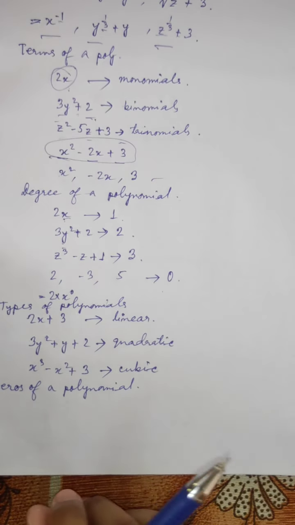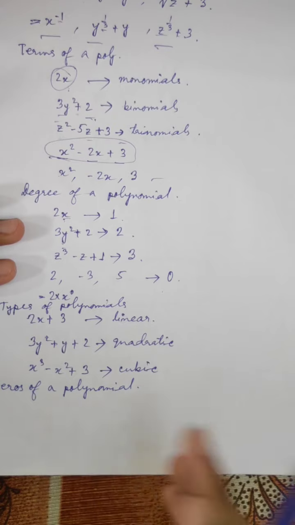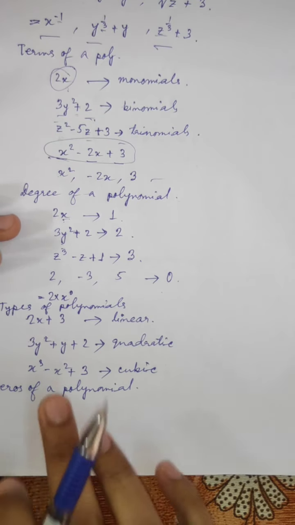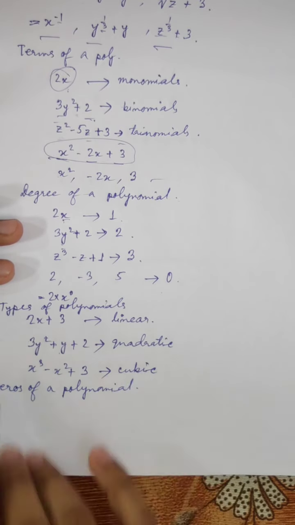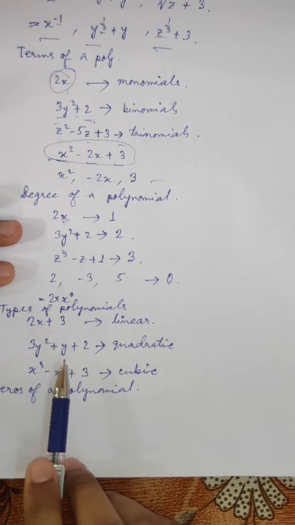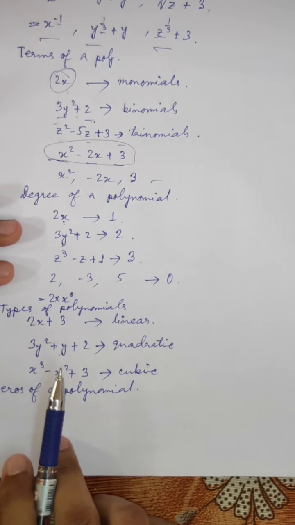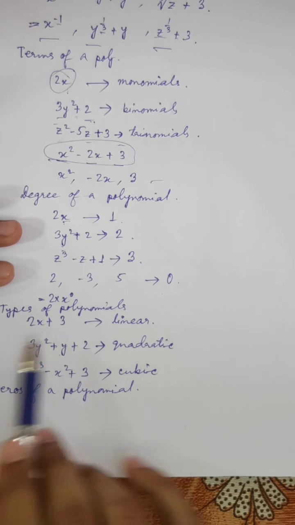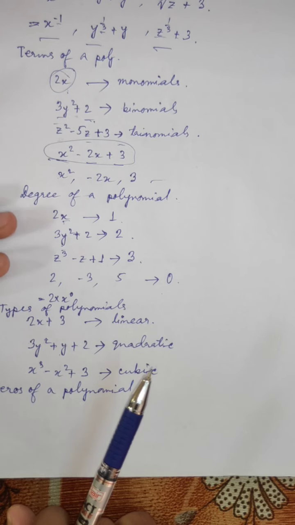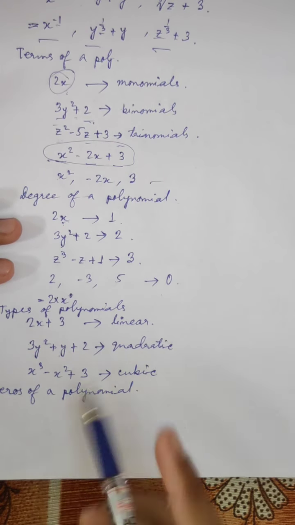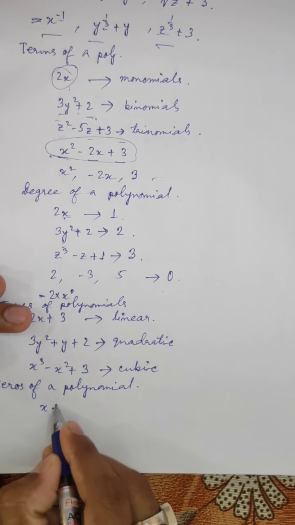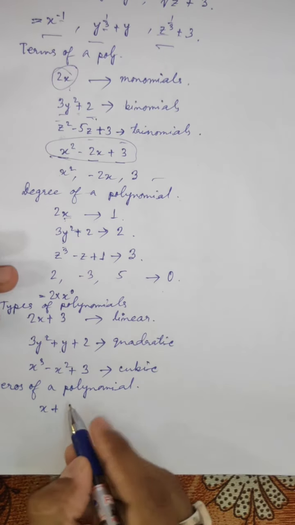Every polynomial has a variable, and the particular value of this variable for which the value of the polynomial is 0, I repeat, those values are called the zeros of the polynomial. So consider a simple polynomial, say x plus 3.